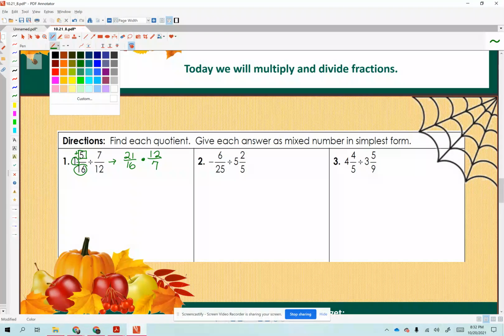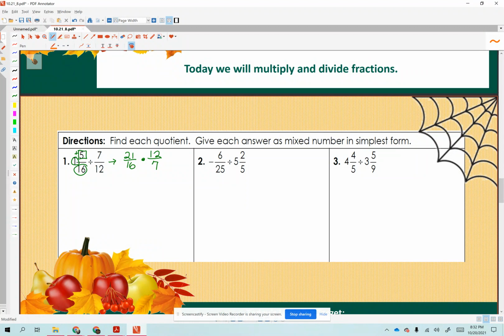We look for any opportunity to make these numbers smaller. And I know that 16 and 12 both have 4 as a factor. So 12 divided by 4 is 3. 16 divided by 4 is 4. I know that 7 and 21 both have 7 as a factor. So 7 divided by 7 is 1. 21 divided by 7 is 3.